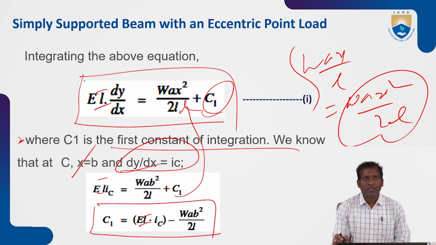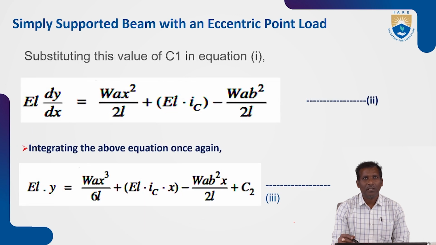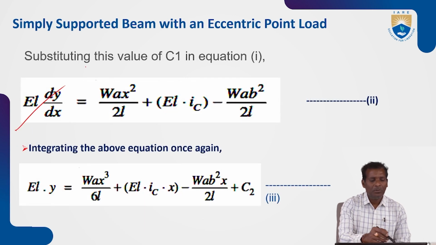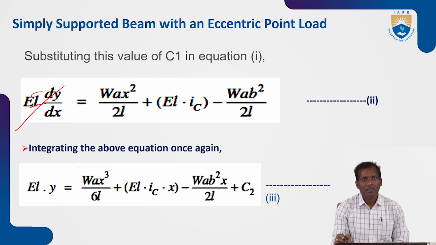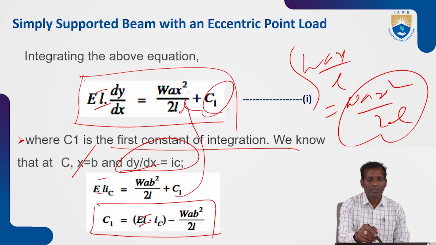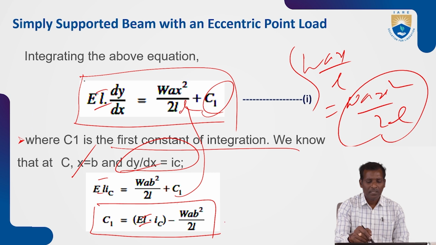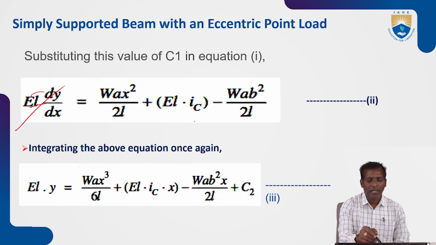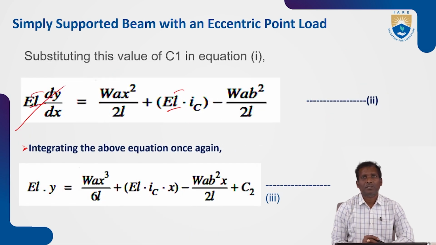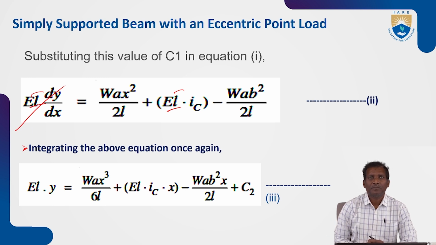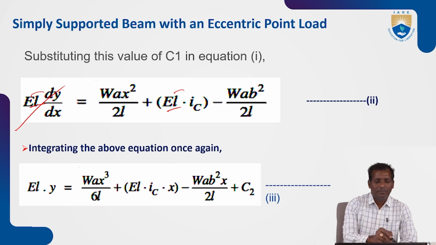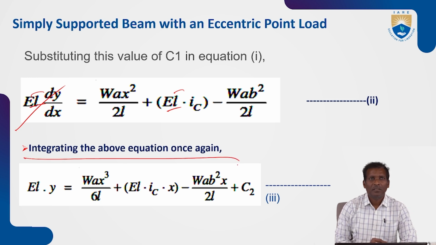Now substitute this C1 value in the above equation, equation number 1. EI into dy by dx is equal to WAX square by 2L plus EI into theta C minus WA B square by 2L. Now integrate the above equation once again, and you will get the deflection.